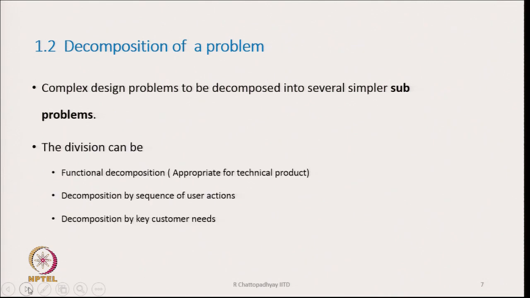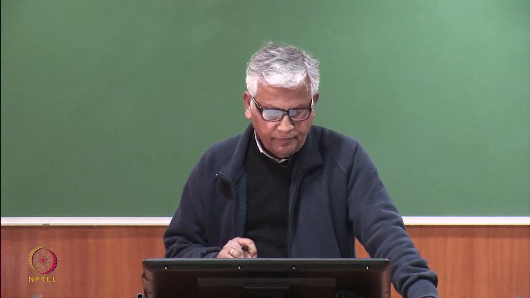Now, how do I divide? On what basis? One is functional decomposition, which is very important for technical products. So, function wise we can decompose the general problem into a number of sub problems.